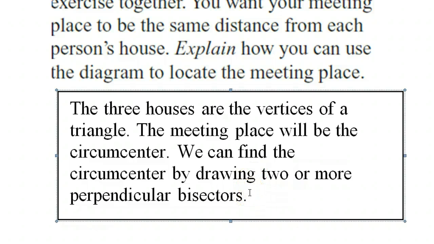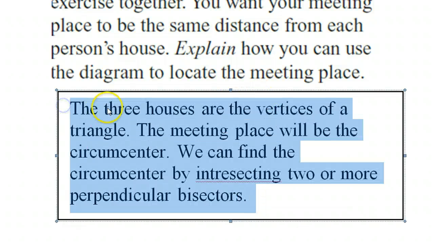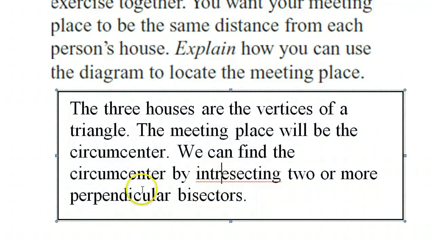I want to get the word intersection in here somewhere. Maybe instead of drawing, I'll say intersecting. Can I use intersecting as a verb? Well, by intersecting two or more perpendicular bisectors. I think it works. I'm going to go with it. Oh, but I spelled it wrong. Intersecting. There it is.